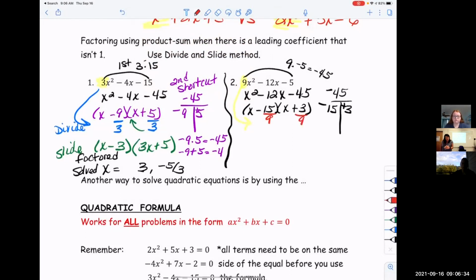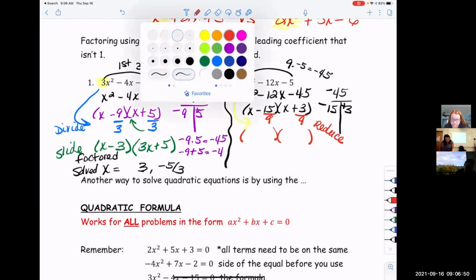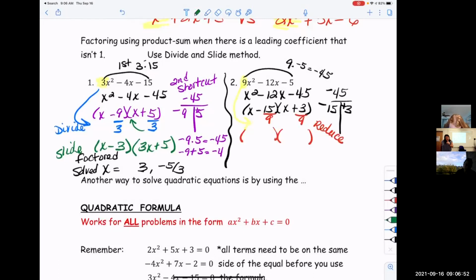Now, neither of those divide, right? But it will reduce. If you don't reduce it, you'll get the wrong answer. So we've got to reduce. All right, so let's rewrite those with it reduced. What does 15/9 reduce to? Because 3 goes into both of those, right?